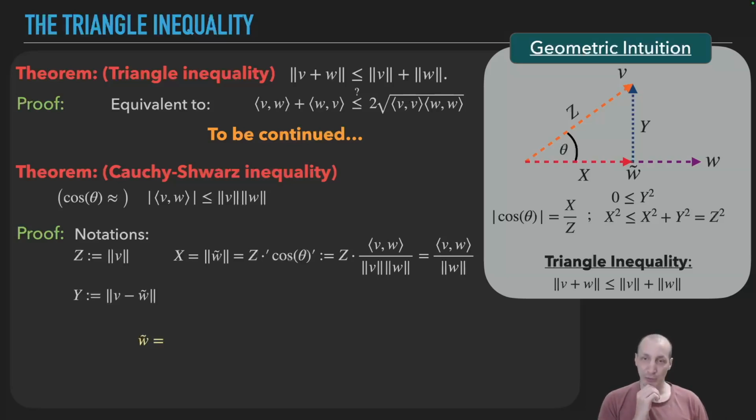So what is it going to be? Well, we know that its length should be x, and we know that its direction should be the direction of w. But we can't just multiply it by w, we only need the direction of w, which we usually think about as w divided by its length, right? The normalized direction of w. So this is a guess, and if this is the guess, it should be the inner product of v by w divided by the norm of w squared times w, and then y should be v minus this new vector.